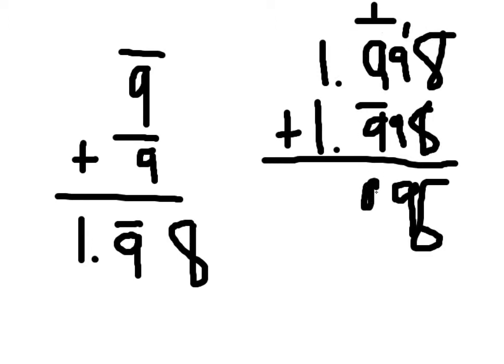So this is 3.9 repeating 6. So it's going to keep getting further and further away from what the sum would be.